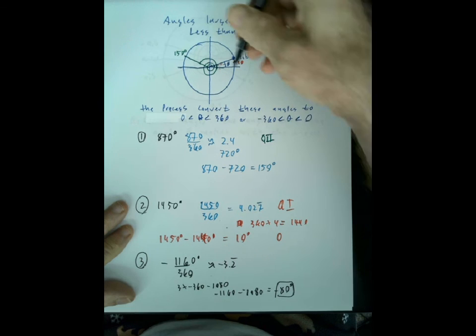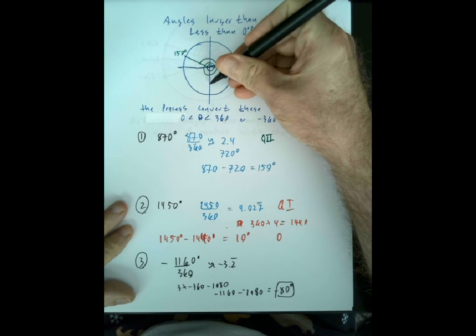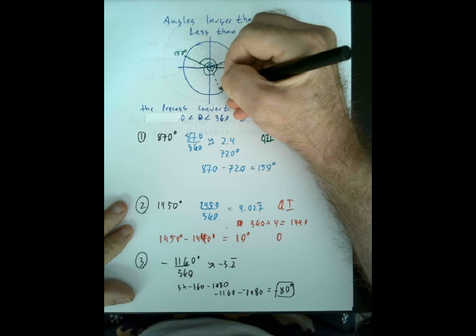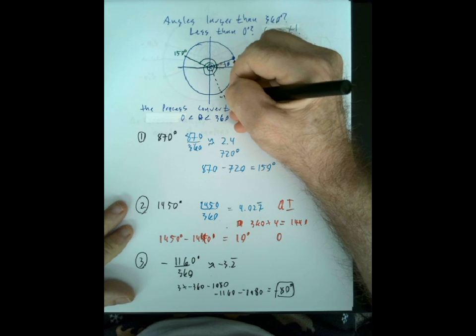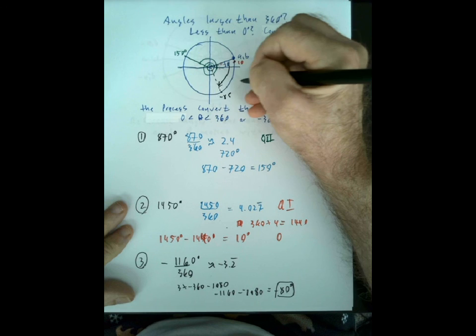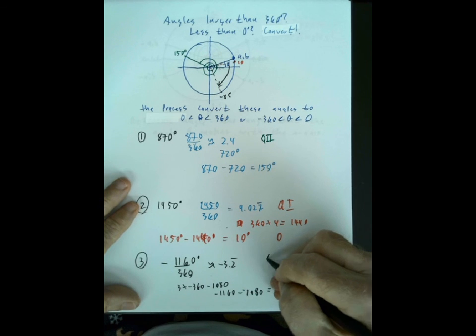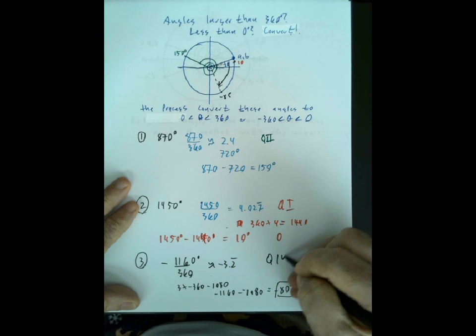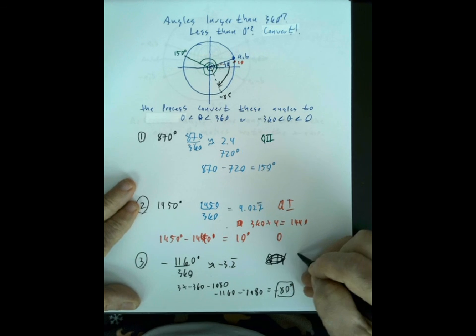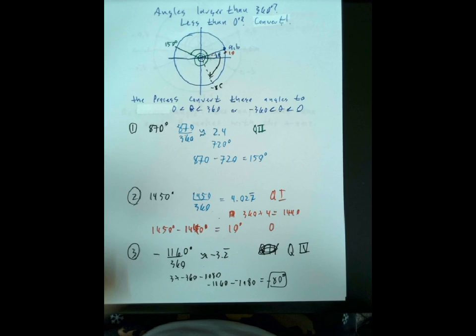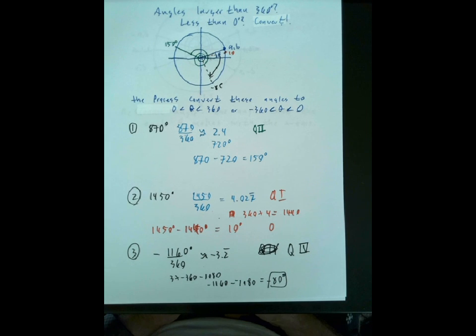So that's 80 degrees backwards, you understand. That's down here in Q4. So negative 1160 is a Q4 angle. Okay? So that's how that works.